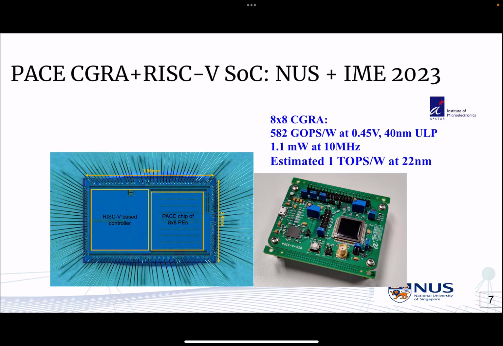And recently, we fabricated a bigger version of the chip, an 8 by 8 CGRA, and this CGRA chip is tightly coupled with a RISC-V host CPU, and it is able to reach 582 GOPS per watt at 40 nanometer, and it is estimated to have 1 TOPS per watt at 20 nanometer technology. So this is the CGRA SoC as well as the development board that we have developed in NUS.